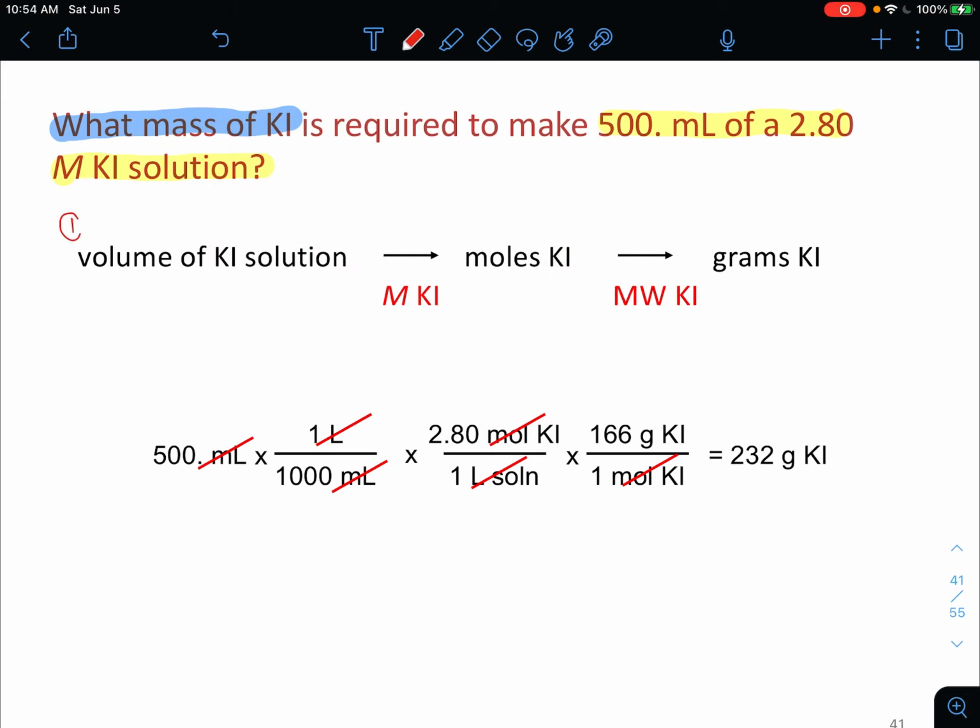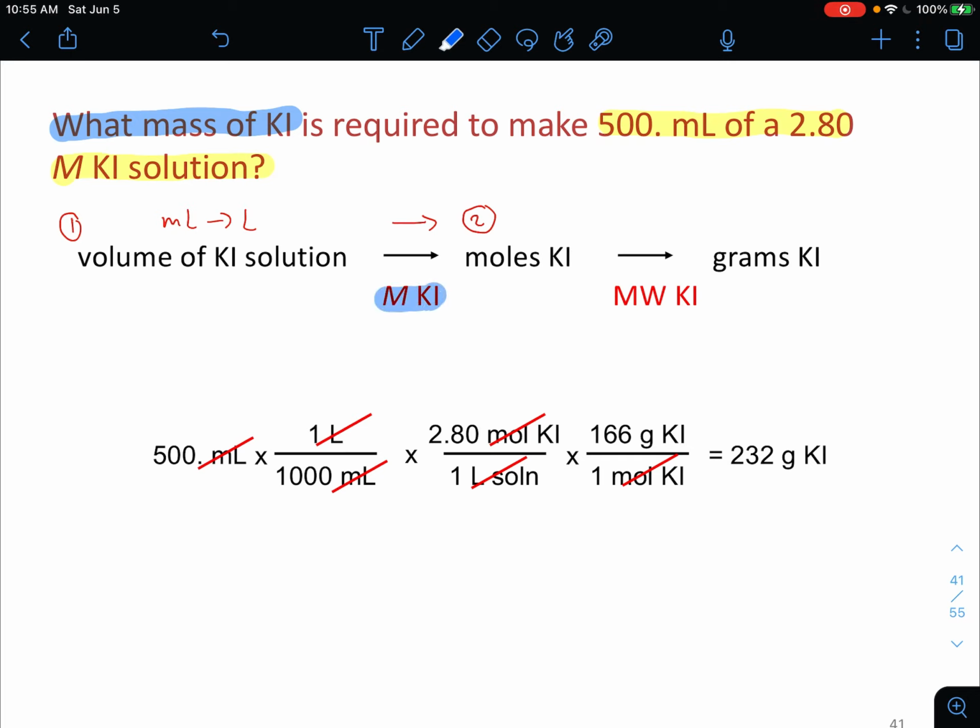starting with our volume value, which is typically going to be in milliliters, we want to convert into a number of moles. So generally speaking, it's going to be milliliters to liters first, and then to moles. And the way I'm going to get to moles is by using the molarity value, right?